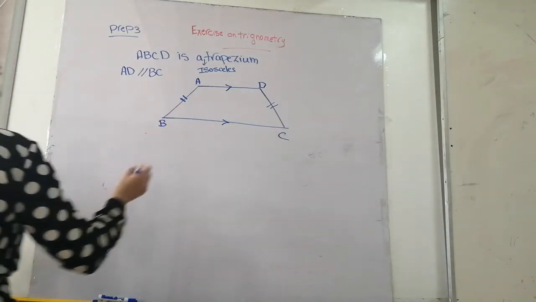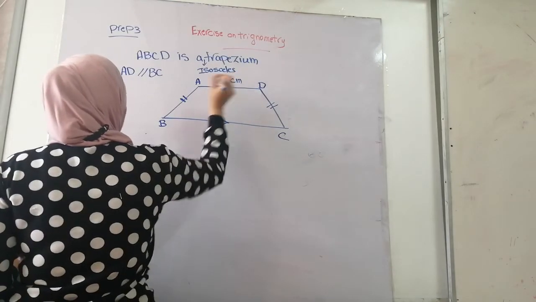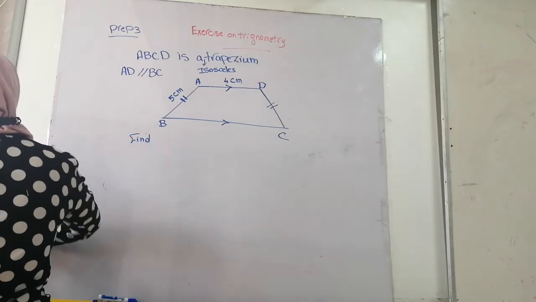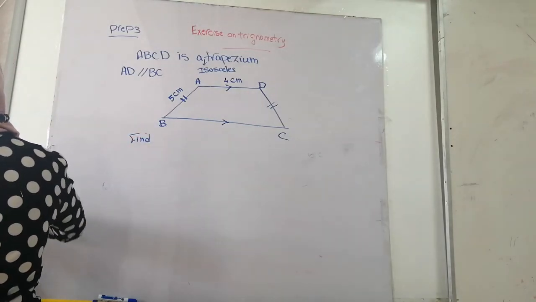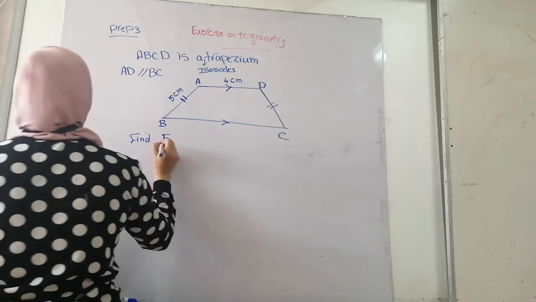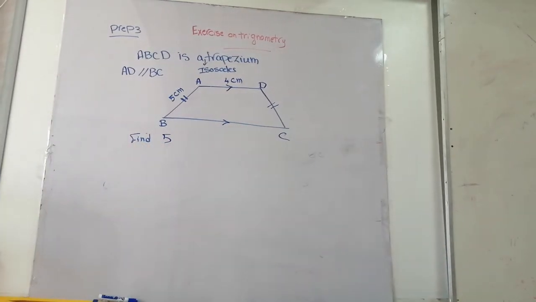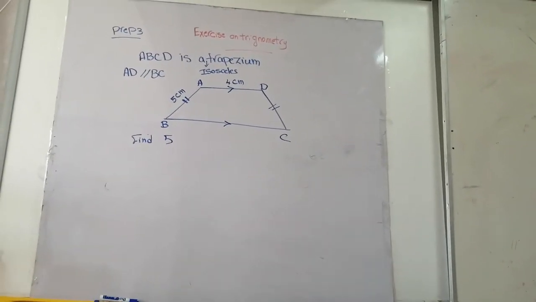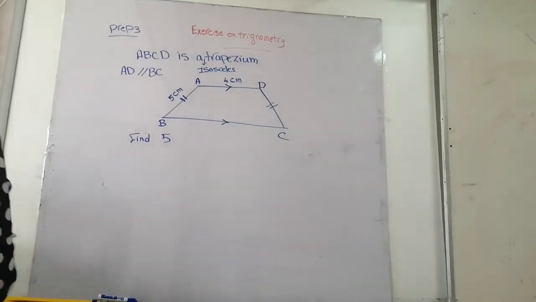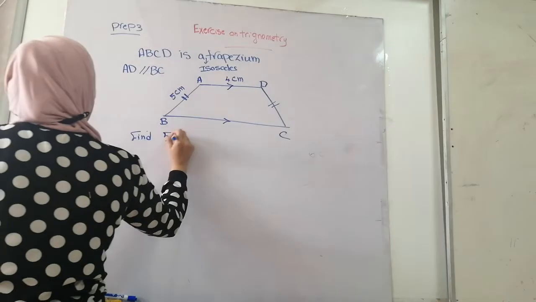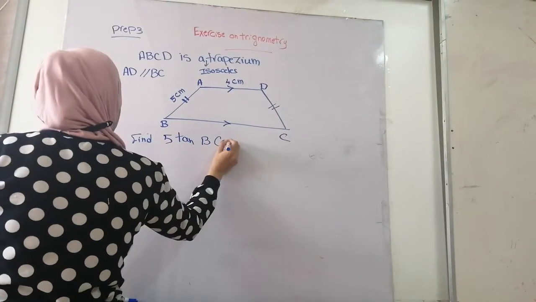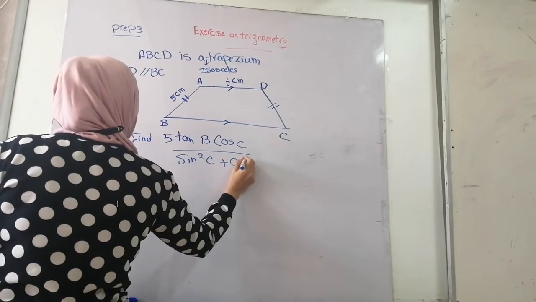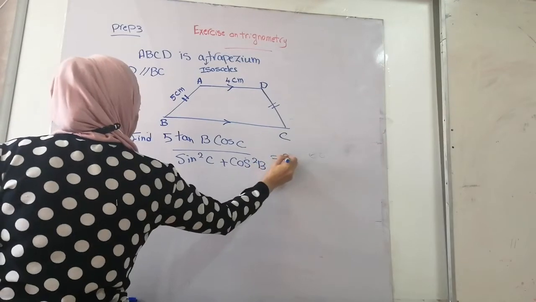Okay, let's continue. AD equals 4 cm and AB equals 5 cm, and find 5 tan B, cosine C over sine square C plus cosine square B equals 3, or prove that.